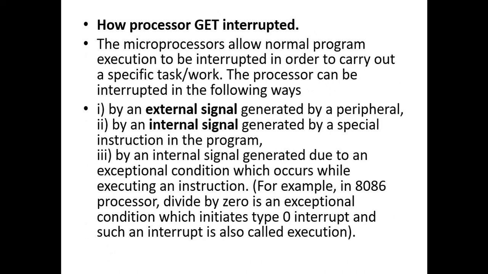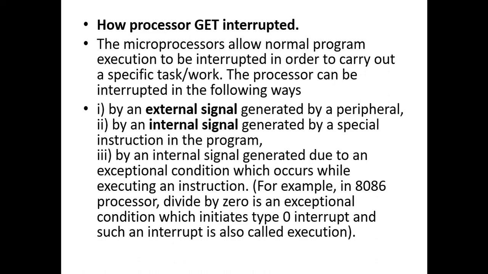Now we can see how the processor gets interrupted. Microprocessors allow normal program execution to be interrupted in order to carry out a specific task. The processor can be interrupted in the following ways. First, by an external signal generated by a peripheral. Second, by an internal signal generated by a special instruction in the program.